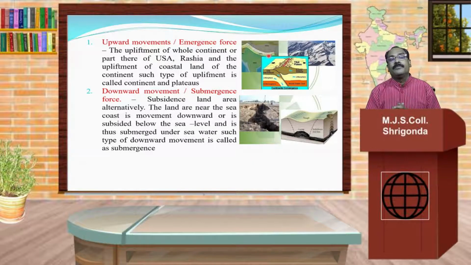Such downward movement is called submergence. The downward direction movement is downward, and the upward direction movement is upward, like the Himalayan mountain ranges, and here the fault. Okay, the downward movements.